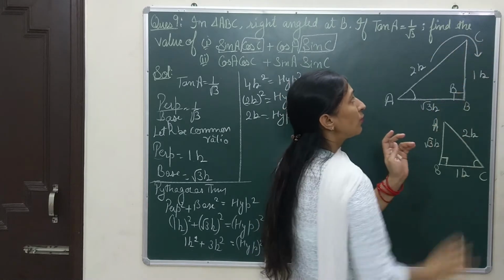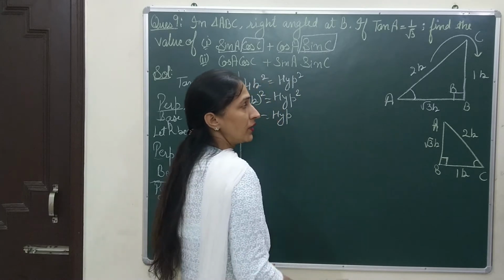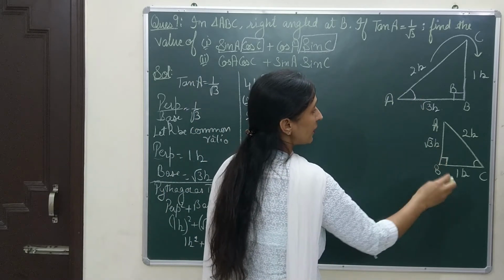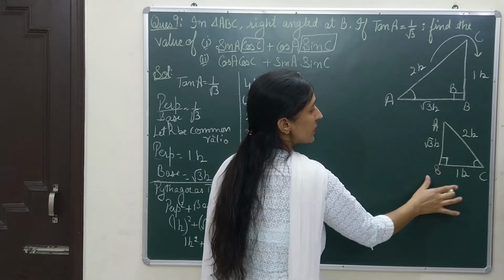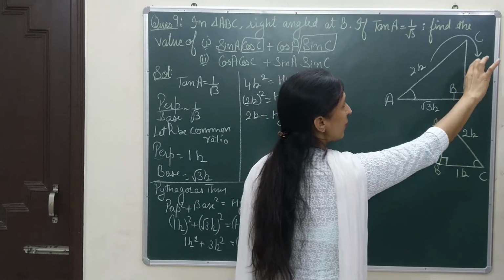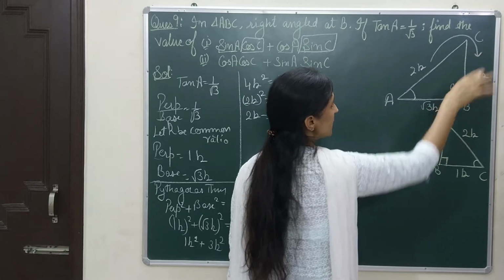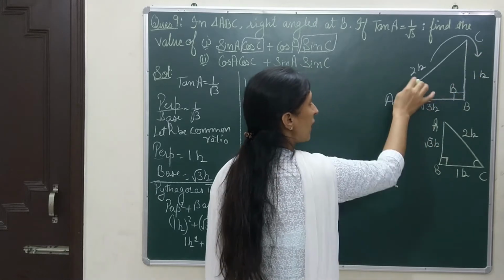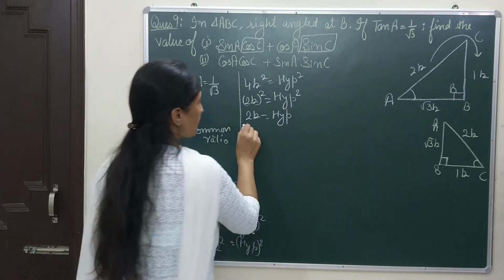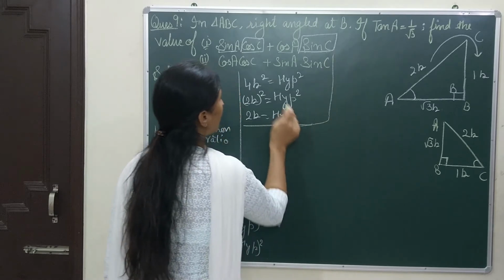Then you will be able to find C without rotating the triangle. So two things are there: either you rotate it and see clearly, or you imagine that when you rotate, the perpendicular will become base, base will become perpendicular and hypotenuse will remain the same.